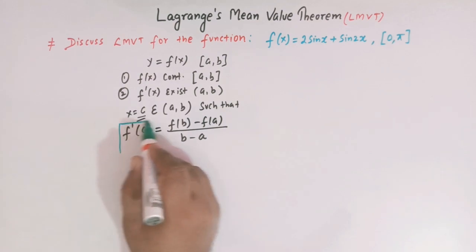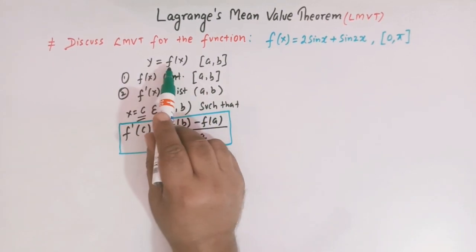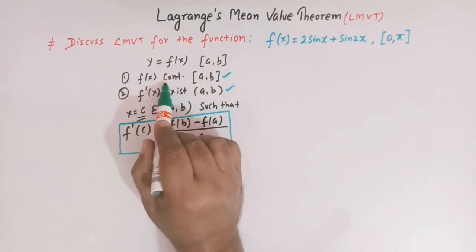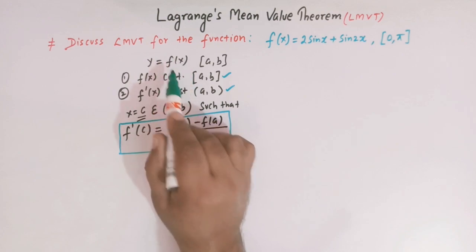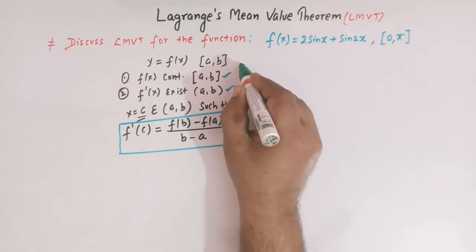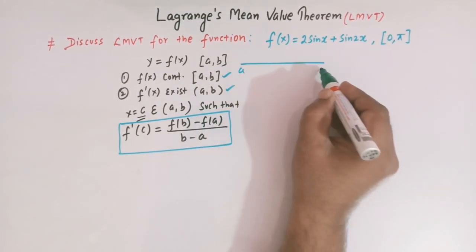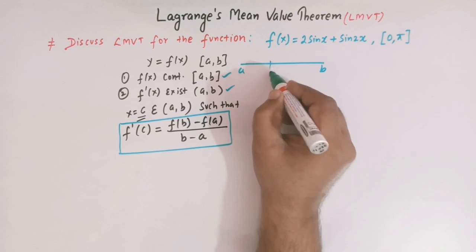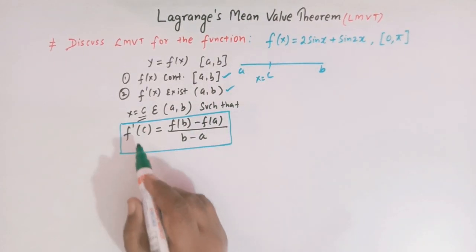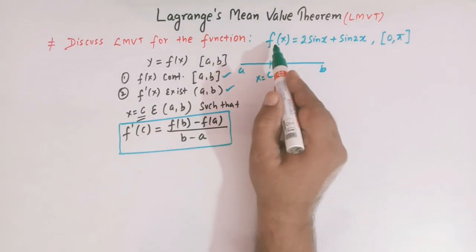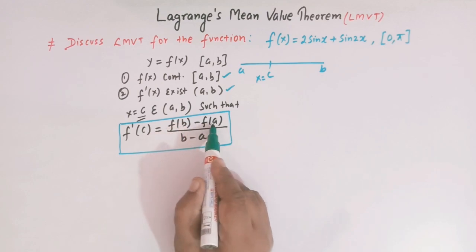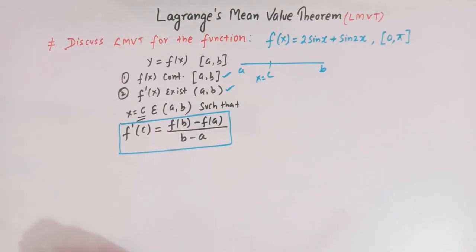So if this function f of x satisfies these two conditions, it means the function must be continuous and its derivative must exist in this interval. Then there is a point between a and b, say c, such that at x is equal to c, the derivative of the function equals f of b minus f of a divided by b minus a.